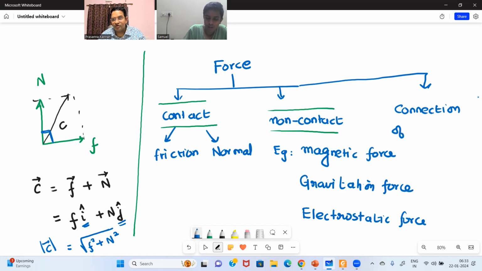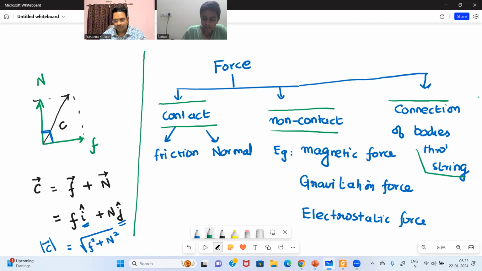Then forces arising out of connection of bodies through a string. A typical example is a pulley. Or you're connecting two objects by a string and pulling them, right?